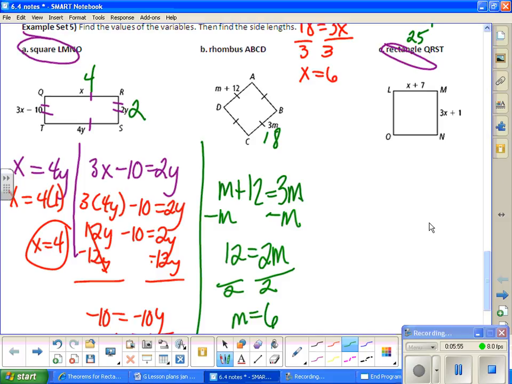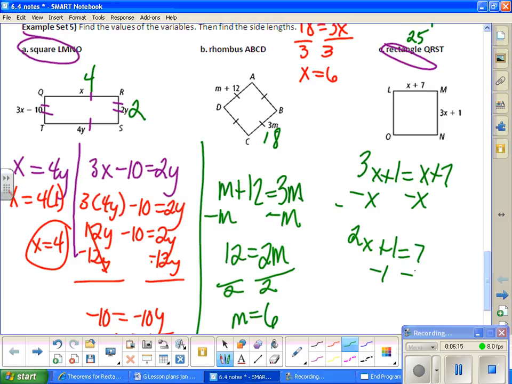Okay, and the last one, this is a square, so again I know that two sides are congruent, so I have 3x plus 1 equals x plus 7. Solve for x. Subtract x. I get 2x plus 1 equals 7. Subtract 1. 2x equals 6.